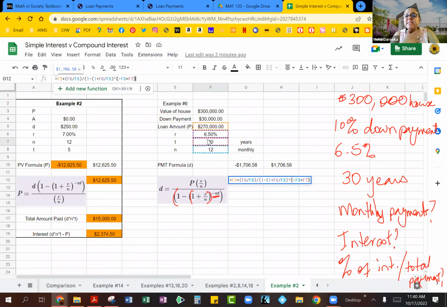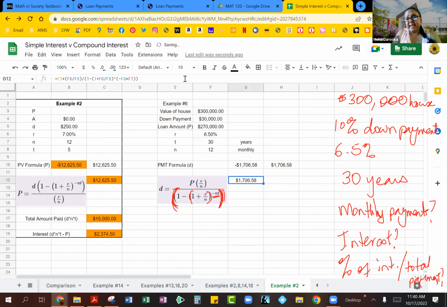And as I was explaining to you guys last time, because the amount is decreasing, because every time you make a payment your amount decreases, that's what that negative exponent basically does, it helps you decrease your balance as time goes by. And then the last thing we're going to do is close this parentheses again so that we can put the whole denominator in one set of parentheses. So that's what you're going to do after you type the negative N times T. Close the parentheses one more time.